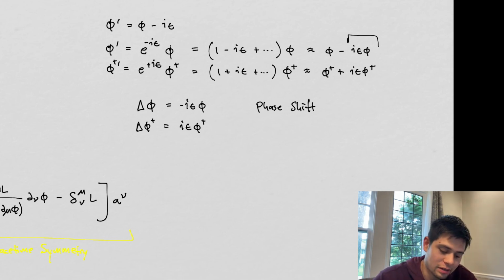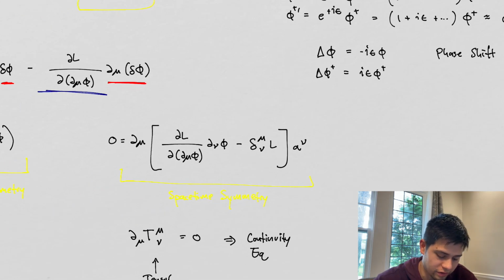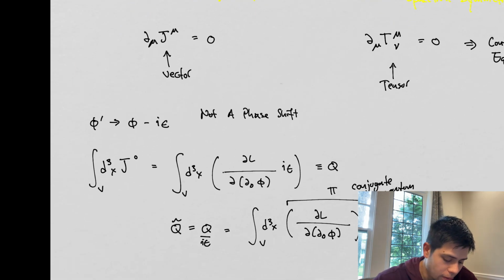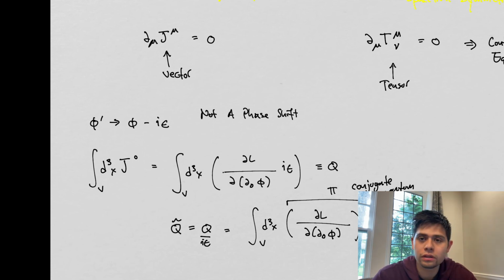But anyways, we were talking about phase shifts, and how they were fundamentally different from these non-phase shifts, which were down here. This all hinges on the idea that our field that we're shifting is complex.